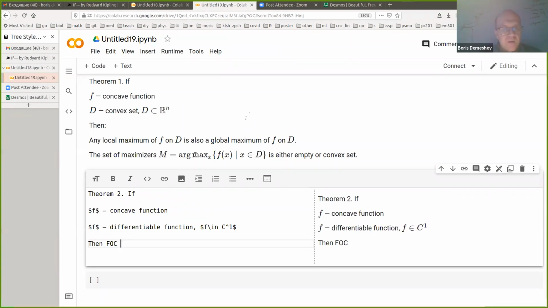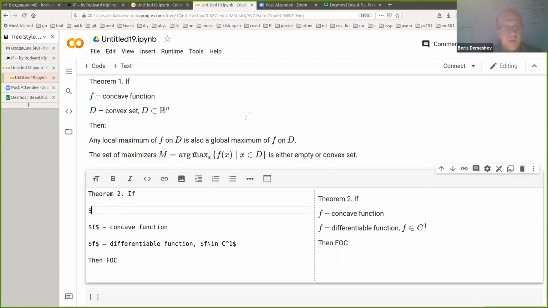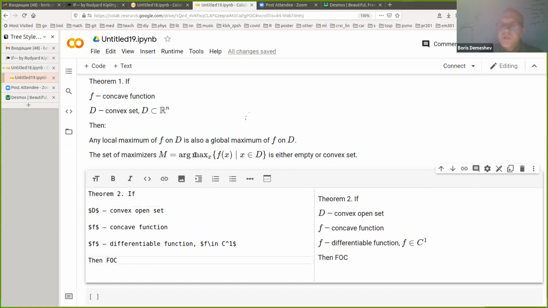Let us add once again, for just a moment, D will be a convex open set. Then first order conditions are sufficient.